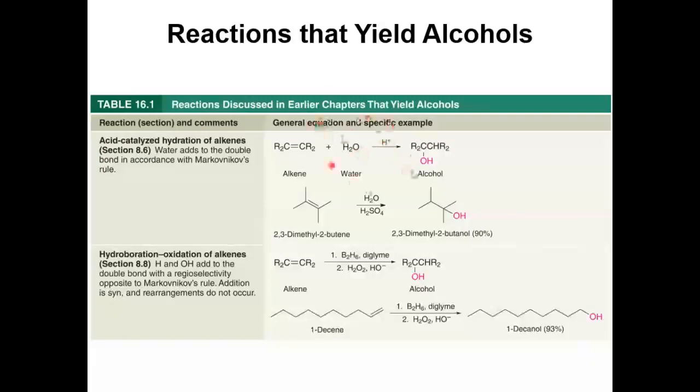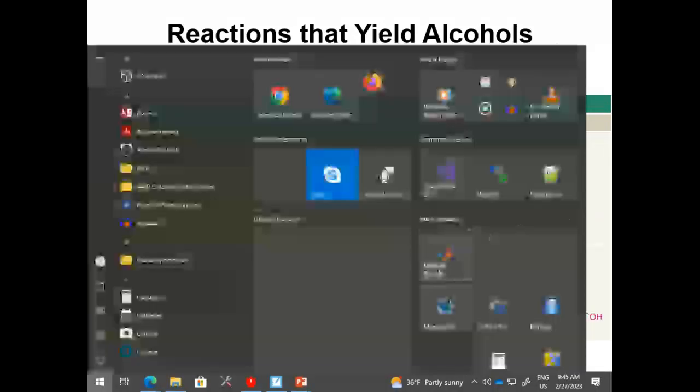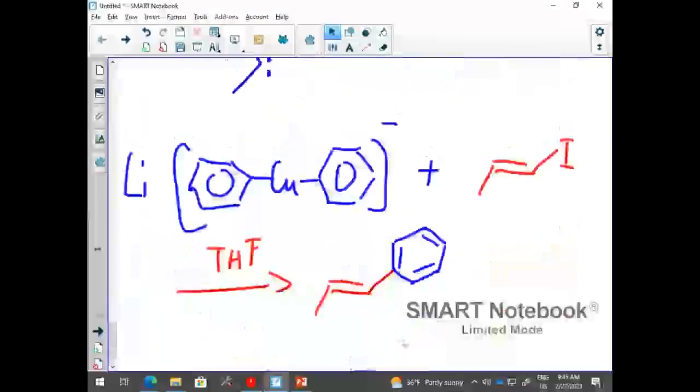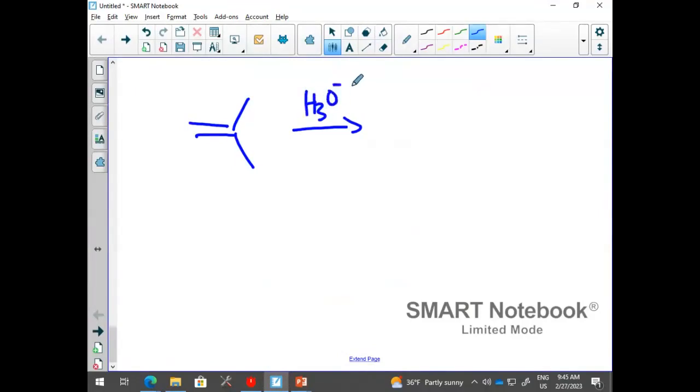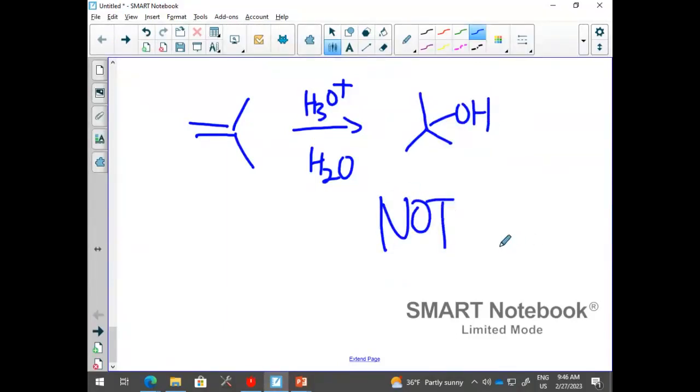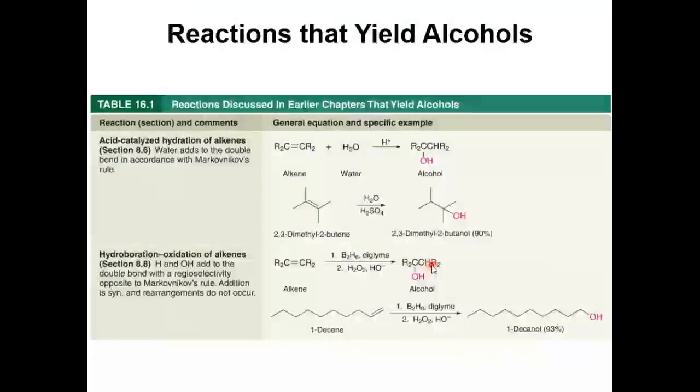But if you do the acid catalyzed hydration, the OH group will connect to the more substituted carbon. If you forgot the reason, go revisit the chapter 8 content. So let's say if you have acid and water, you will get this alcohol, okay? Not this alcohol. So check what you learned in chapter 8.